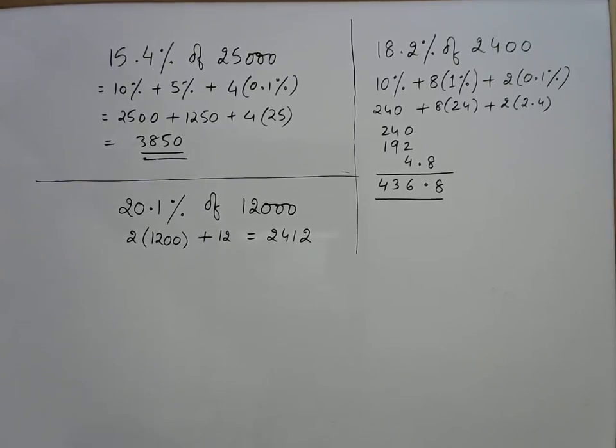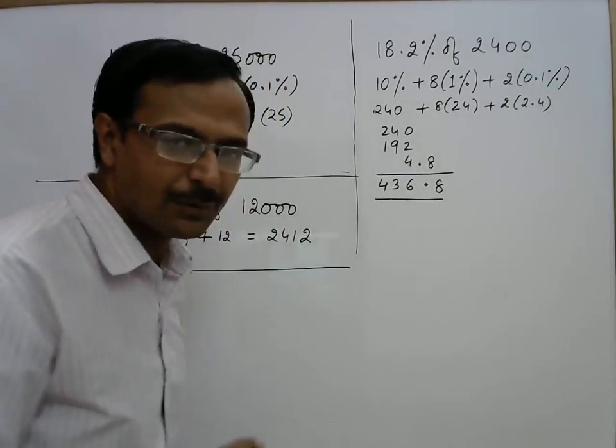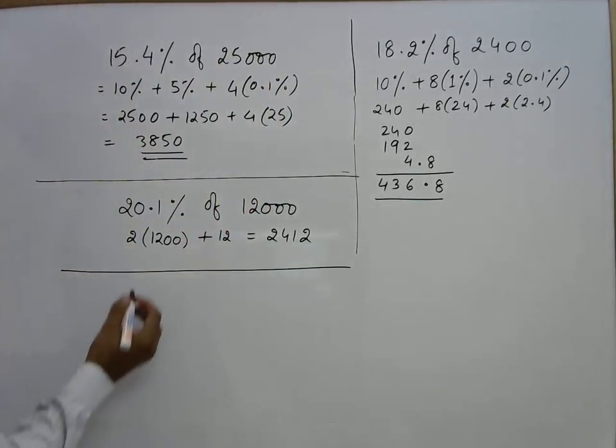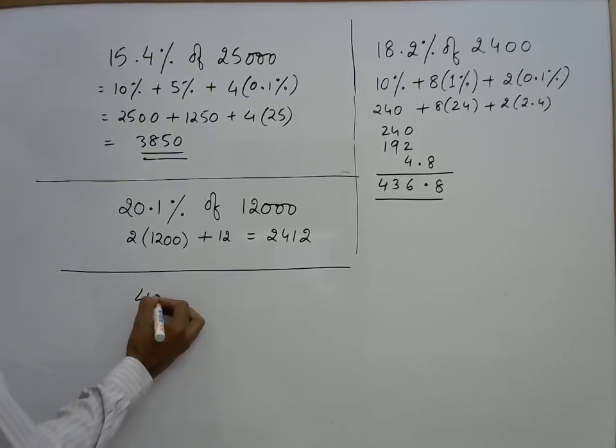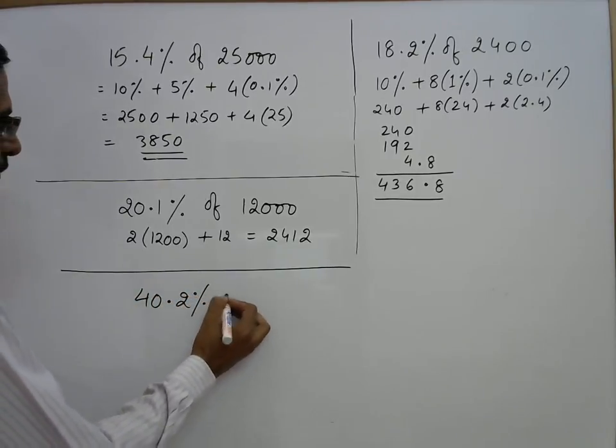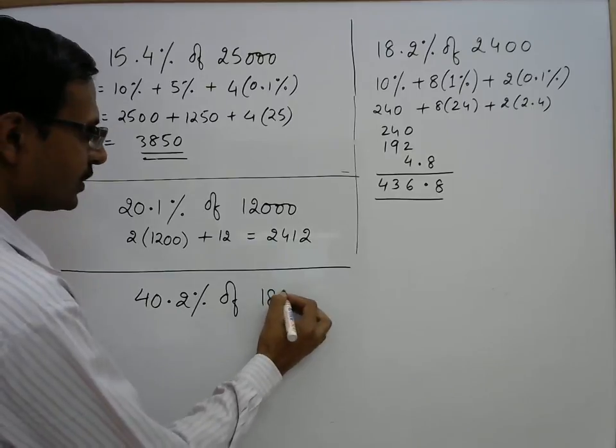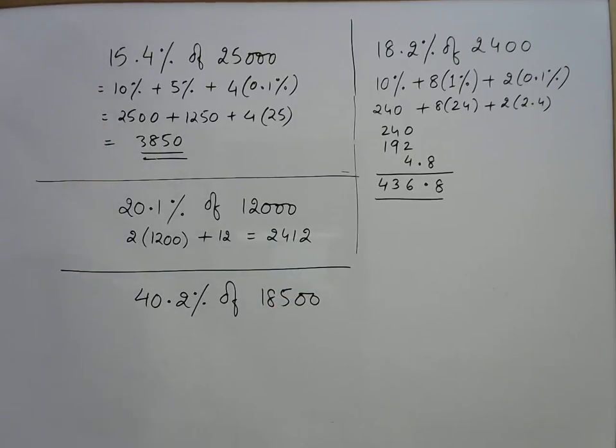So let's have one more. See, I'm giving you some easy ones first. First up, this is 40.2% of 18,500. So we have 40.2% of 18,500. Let's have this one. 40.2% of 18,500.